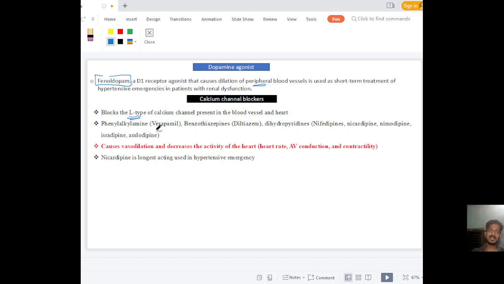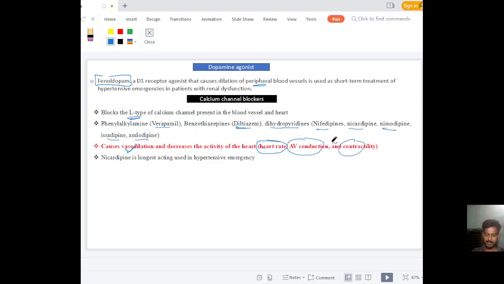Phenylalkylamine derivative is verapamil, benzothiazepine is diltiazem, dihydropyridines are nifedipine, nicardipine, nimodipine, isradipine and amlodipine. The major problem associated with this is that it causes vasodilation and decreases the activity of the heart. So basically it reduces your heart rate, AV conduction and contractility.